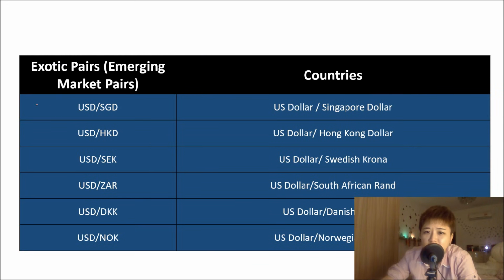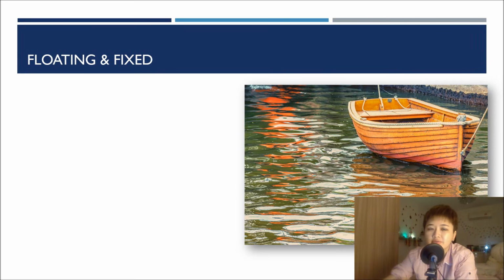So these are some of the exotic pairs. HKD stands for Hong Kong dollar, SEK stands for Swedish krona, ZAR, South African rand, DKK, Danish krone, and then NOK, Norwegian krone.